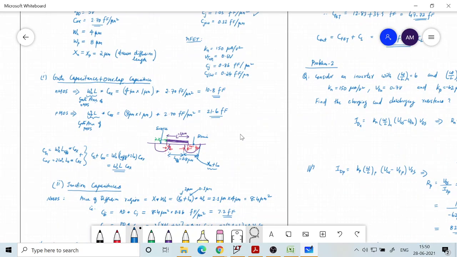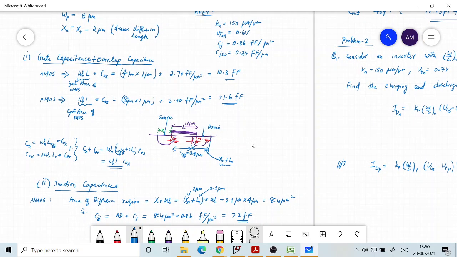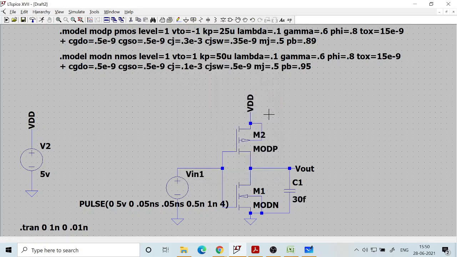So it's like something like 30 femtofarad. So that's the gate capacitance of NMOS plus PMOS. So let's put in 30 femto. So we put a 30 femtofarad.